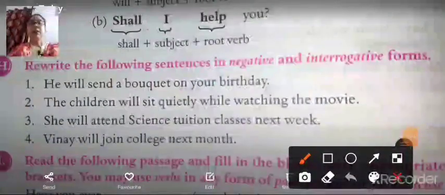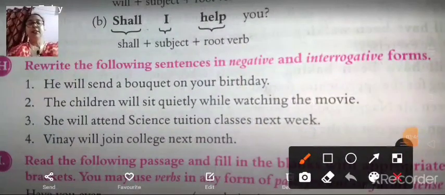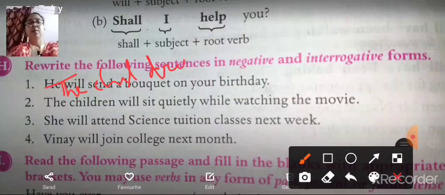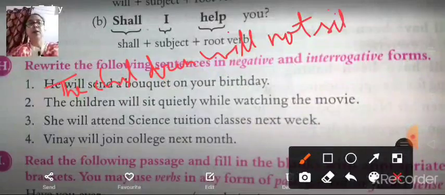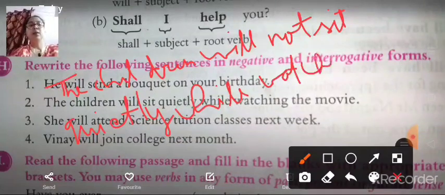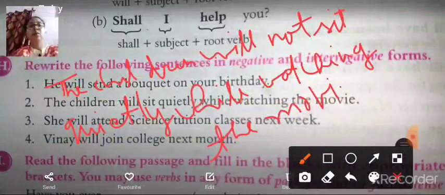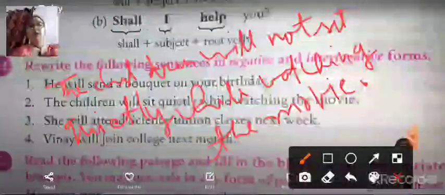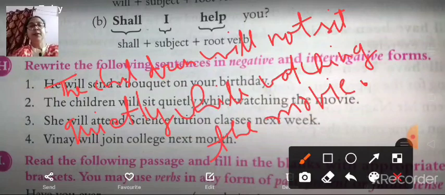Now we are writing, the children will not sit quietly while watching the movie. So complete this.